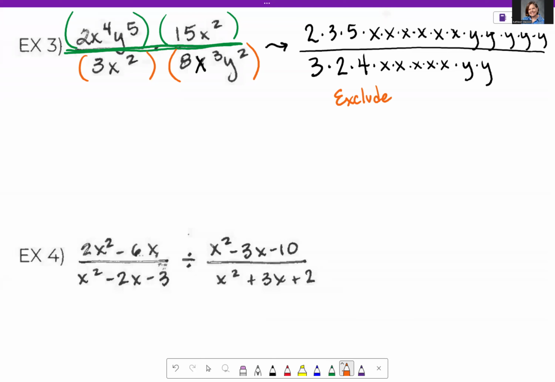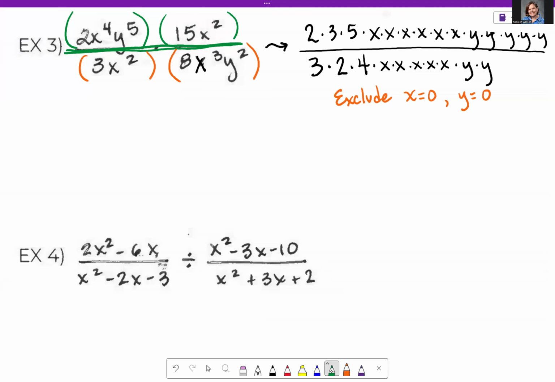I need to make sure I never divide by 0. Dividing by 0 would happen with this rational expression if x is equal to 0, and also if y is equal to 0. So those are the two values I'll exclude.